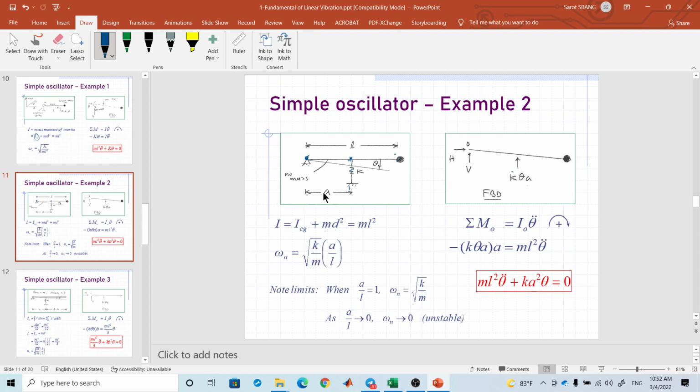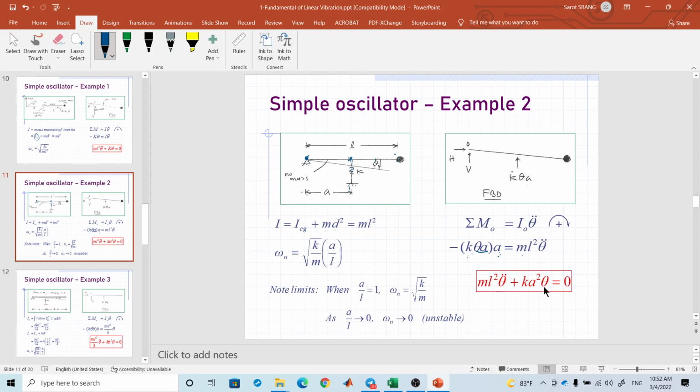The radius is a, so a times theta is the displacement at the spring. This displacement times the constant k becomes force, and force times this distance becomes torque, or moment. The right hand side here is J inertia times angular acceleration.